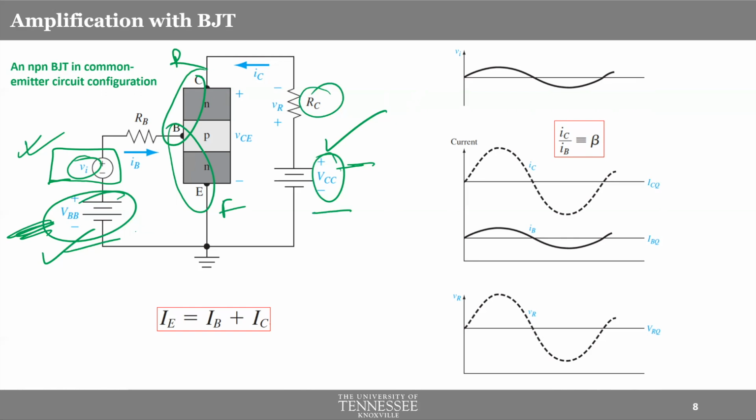And then on top of that voltage mode, we will impose a new small signal. Why small signal? Because if this signal is strong enough to disrupt the forward and reverse bias, then you'll have no idea how the BJT will operate, right? You are not in control anymore. You don't know which one is forward bias, which one is reverse bias.